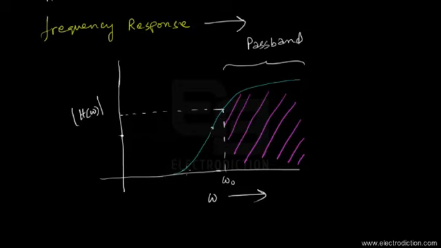Those frequencies lying below the lower cutoff frequency are suppressed or attenuated by the filter by providing lower amounts of gain. As you go below the cutoff frequency, you can see the gain decreasing. So this area is referred to as the stop band, since the frequency components lying over here are attenuated by the high pass filter. So that's the stop band.